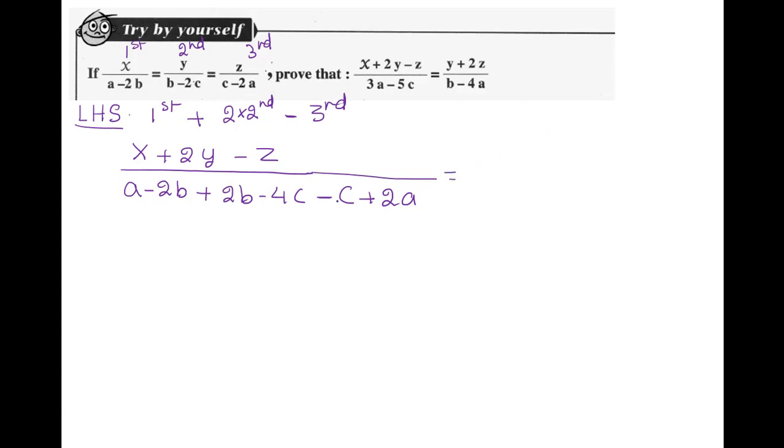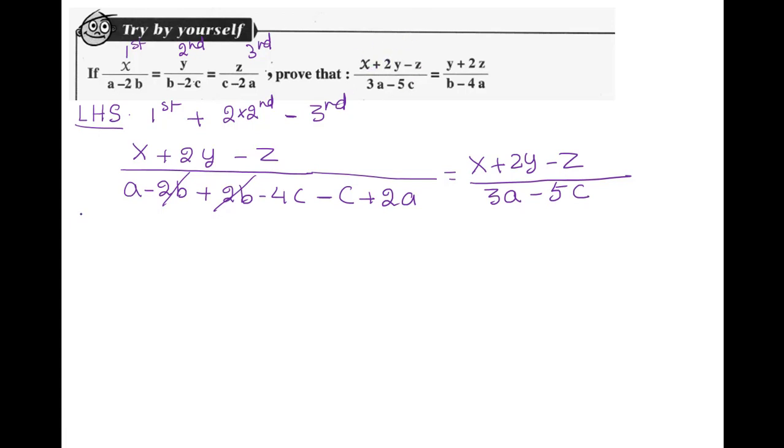The numerator will remain as it is, the denominator, we'll get rid of this, and we'll have negative 4c minus c is negative 5c plus 2a, minus a will be 3a. So it will give me x plus 2y minus z over 3a minus 5c, which is the same as the left hand side.